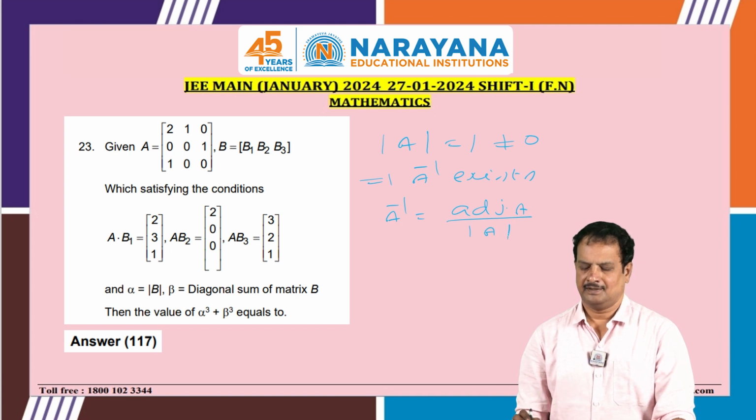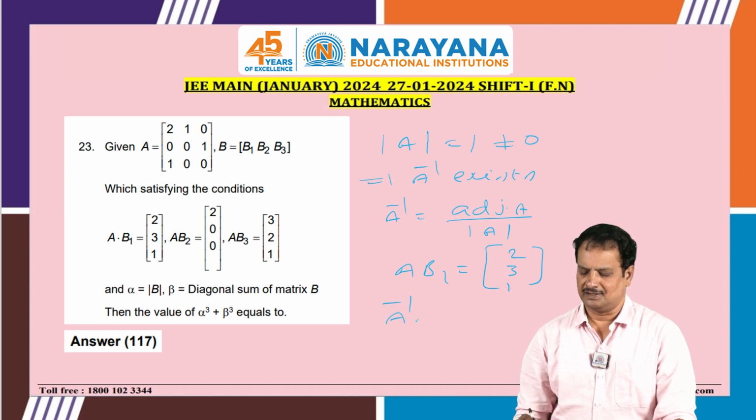So you'll be getting A inverse. Once you get A inverse, now you can take this one. A into B1 equal to some column matrix, which was 2, 3, 1. Now you pre-multiply with A inverse. Then A inverse into A into B1 is equal to A inverse into this column matrix 2, 3, 1.